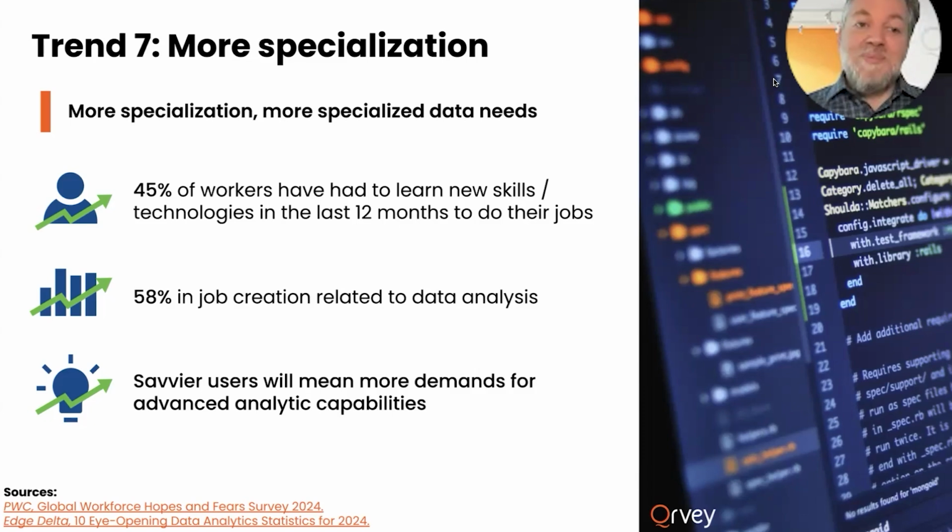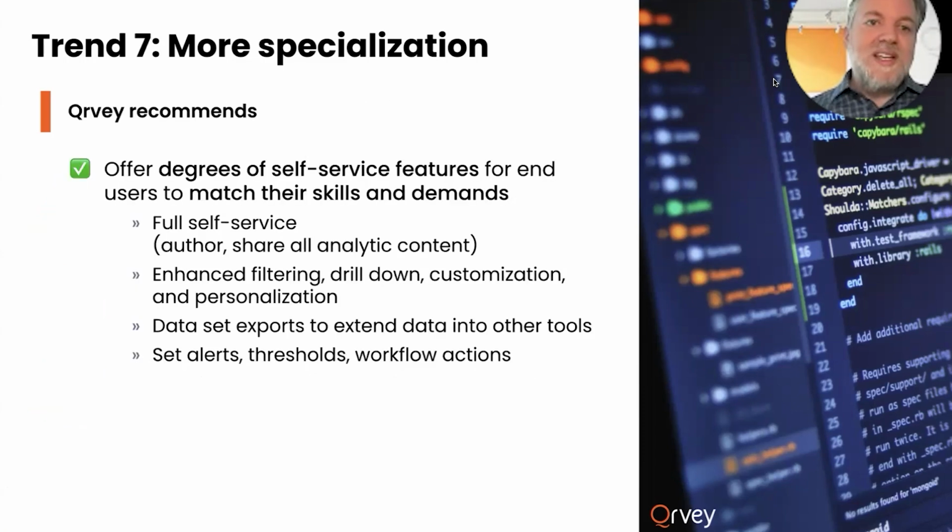So 58% of essentially new job creation is related to analysis and data analysis within those organizations. So this is absolutely going to translate to more requirements and more requests for capabilities within your SaaS software, within your applications. So thinking about how you're going to meet the needs of more specialized users, more sophisticated users, and more capable users is really important.